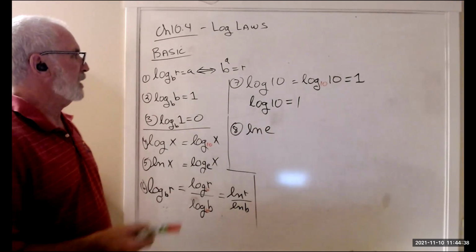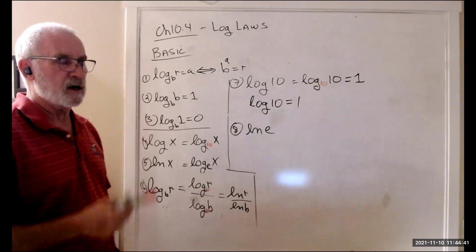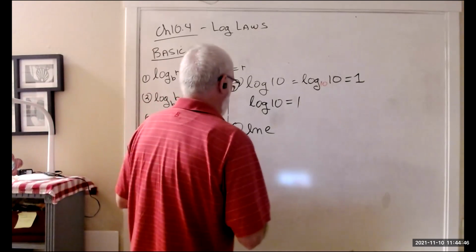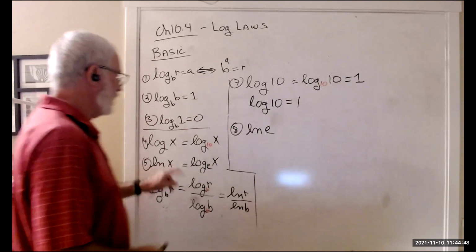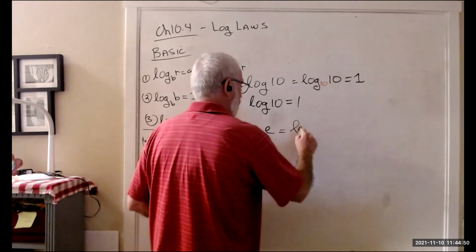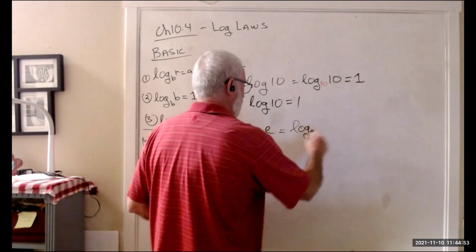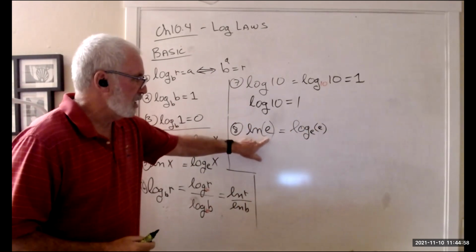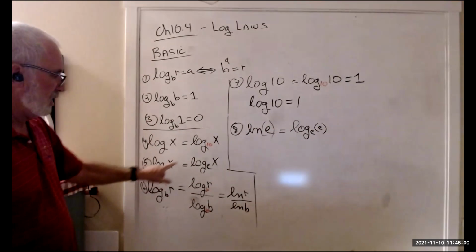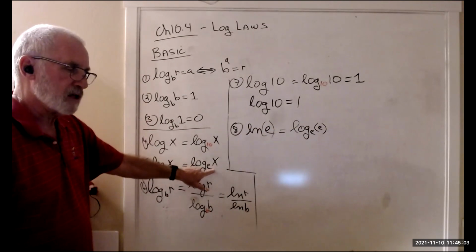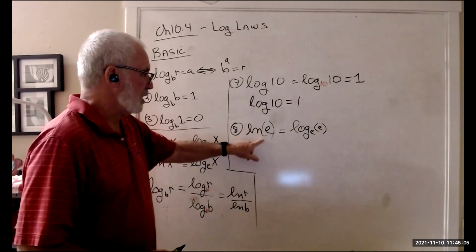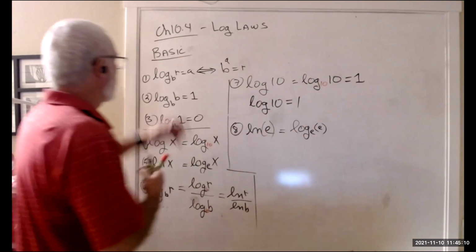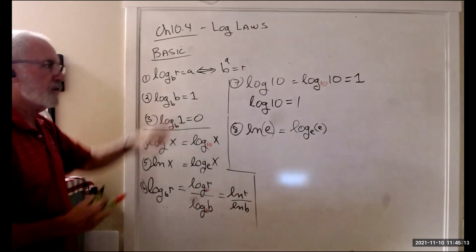So without your calculator, what's the ln of e? Well, we go back to, what does ln stand for? Ln stands for the log base e, but this is of e. The ln of x is the log base e of x. So the ln of e is the log base e of e. But by this rule here, that's still worth 1.